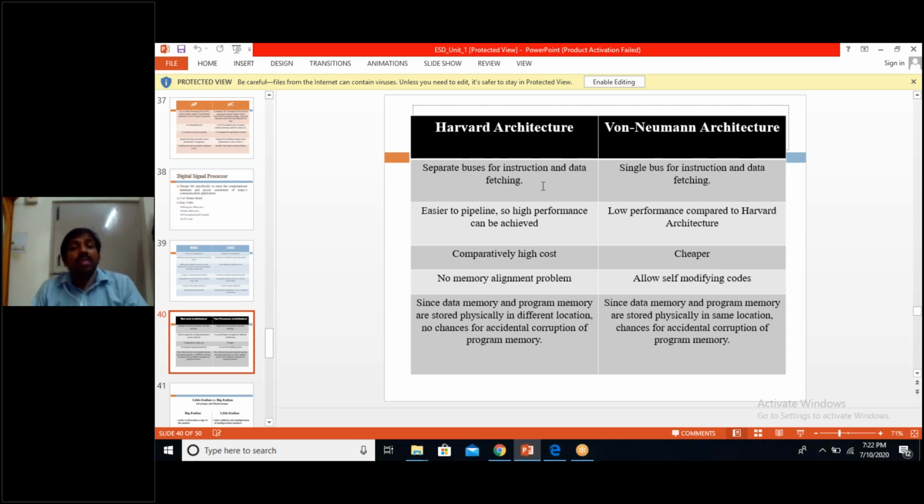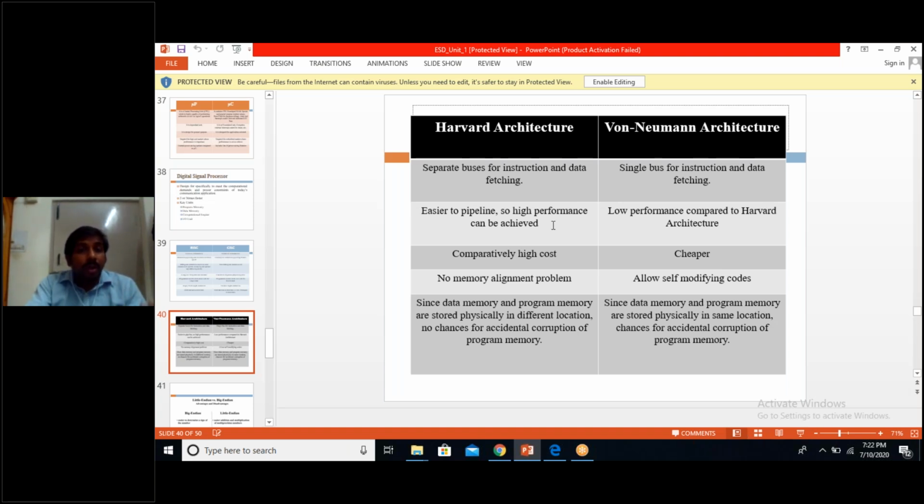As we are using separate buses for instruction and data fetching, you can call this a pipelining method, because we can do the execution stage as well as the fetching of the next instruction by using separate buses. So as it is doing pipelining, it is becoming faster and high performance is achieved.